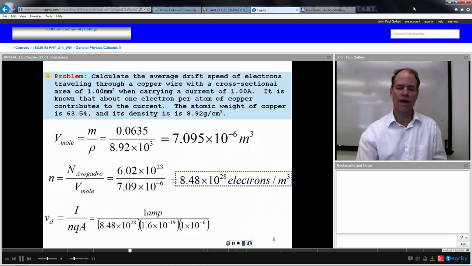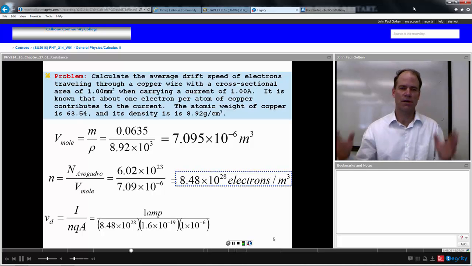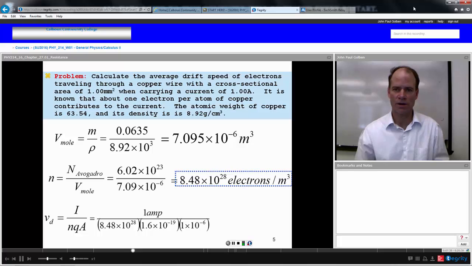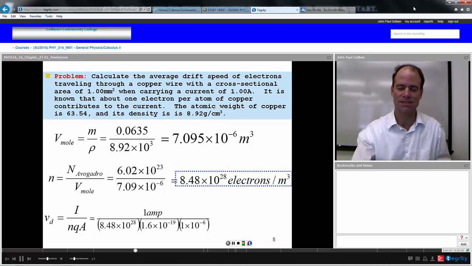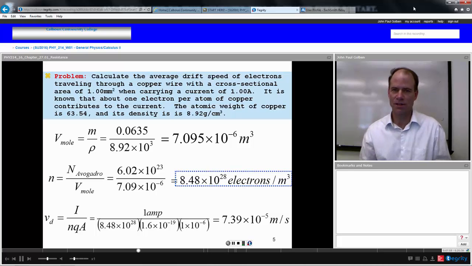We have 1 amp, 8.48 times 10 to the 28 electrons per cubic meter, 1.6 times 10 to the minus 19 coulombs per electron, and the cross-sectional area of the wire is, I'm sorry, 1 square millimeter, so that's 1 times 10 to the minus 6 square meters. This gives us a drift velocity of 7.39 times 10 to the minus 5 meters per second.